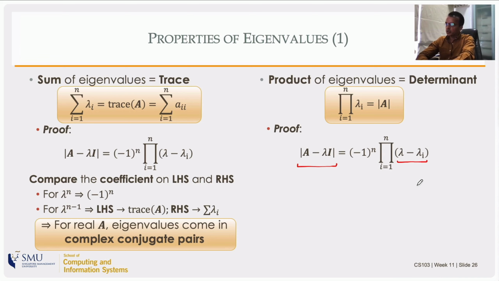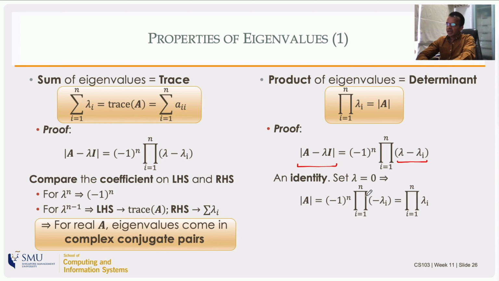And this is again a statement of truth, which should hold for all values of lambda because it's an equation. In particular, I can put lambda equal to 0. On the left hand side, I'll get the determinant of A. On the right hand side, minus 1 to the power n and a product of n entities minus lambda i. So there's minus 1 to the power n coming up again, so that will cancel off to 1. So that is just a product of the eigenvalues.